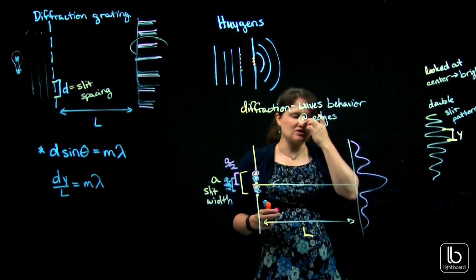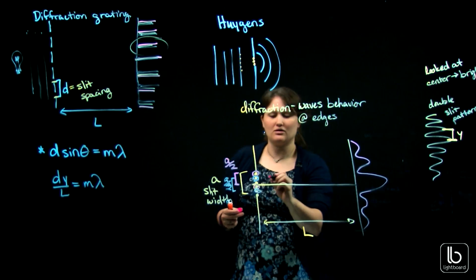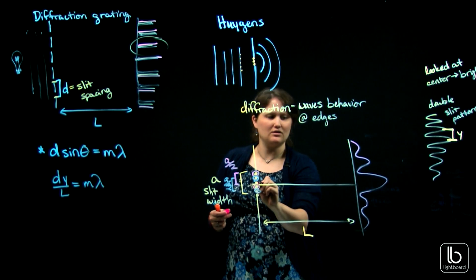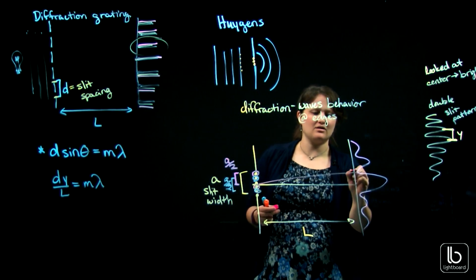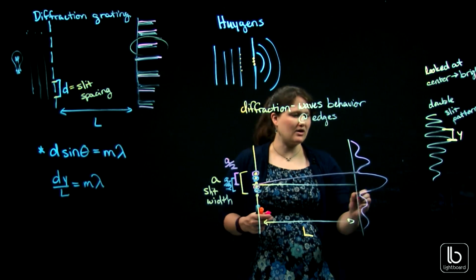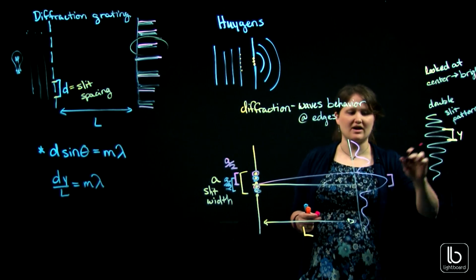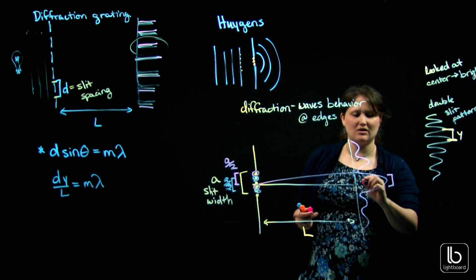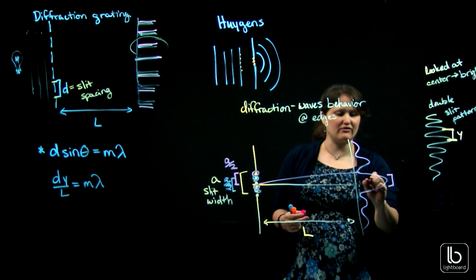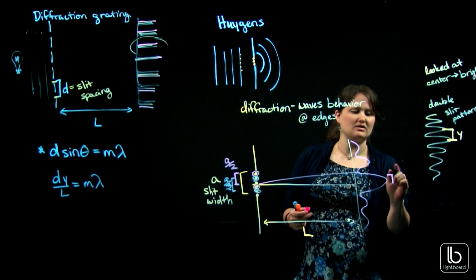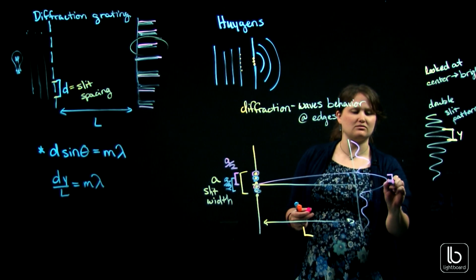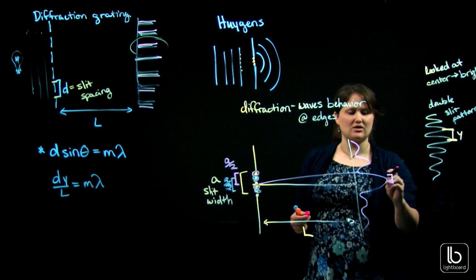And so what we're actually looking at here is from my center line, I'm going to draw a line to the first dark spot. So here, Y was from bright to bright. Here, Y is from bright to dark, so rather from the center to dark.